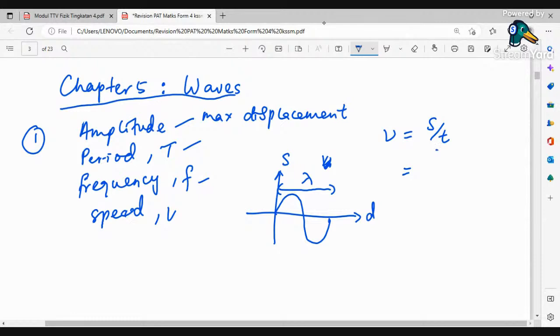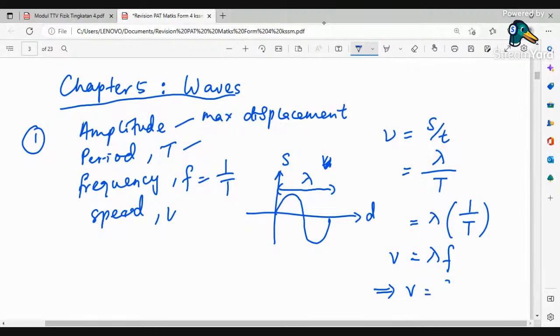So lambda over period, and 1 over period is frequency. So lambda times frequency gives this formula, normally written as v equals f lambda. So the speed of a wave can be calculated as the product of frequency and wavelength.